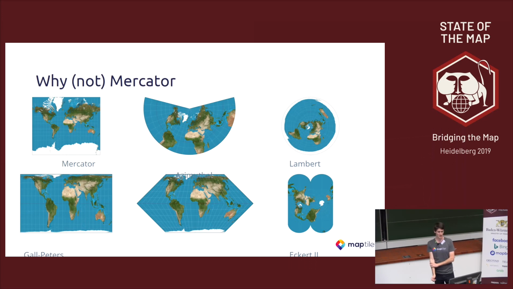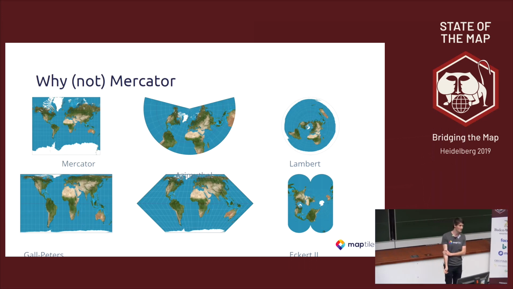On the other hand, the biggest problem with this projection is in the sizes. Here you can see Greenland, which is much bigger than Europe. In fact, it's almost 5 times smaller than Europe. And the area around the equator has a much, much bigger problem.